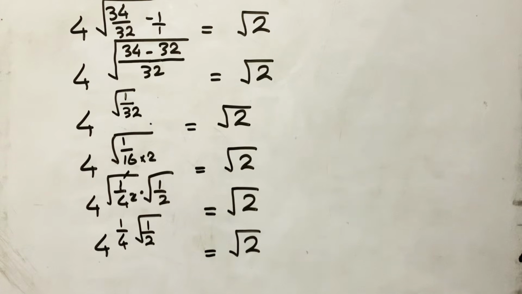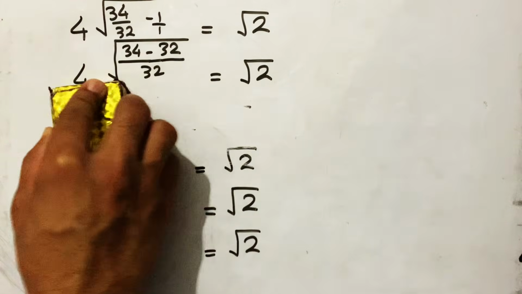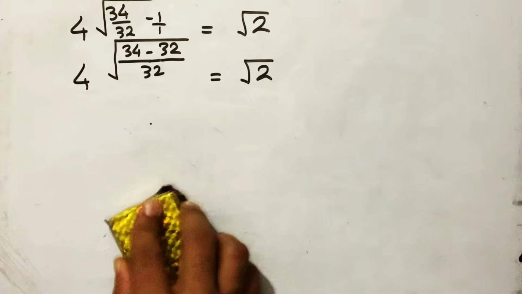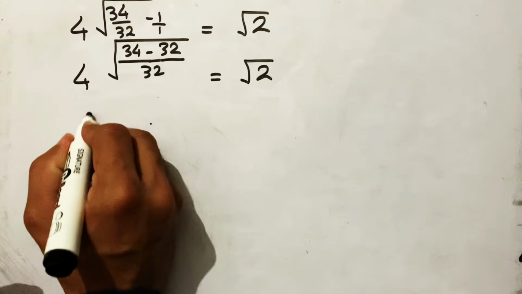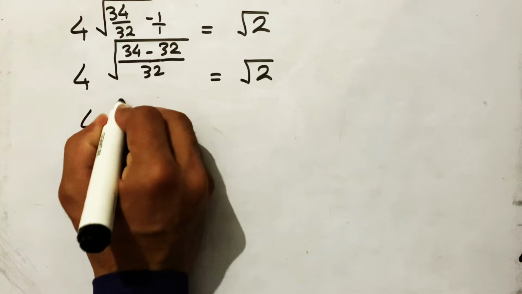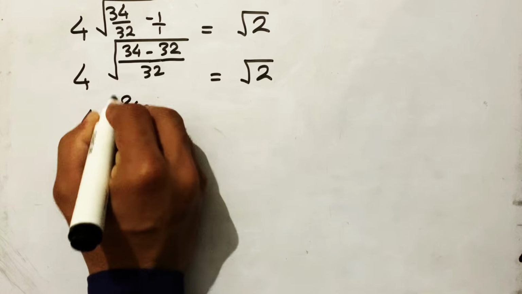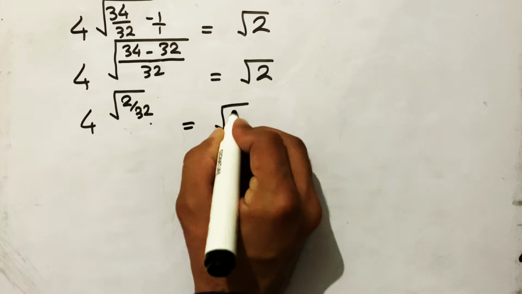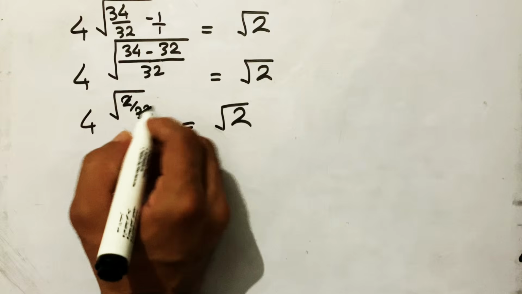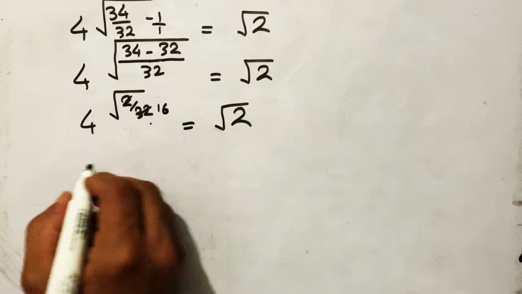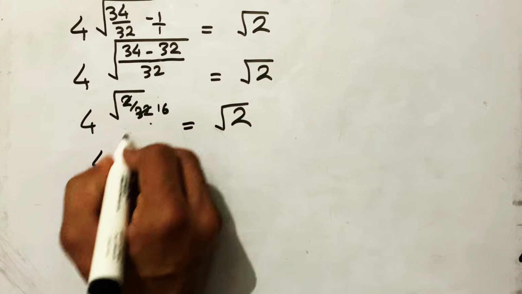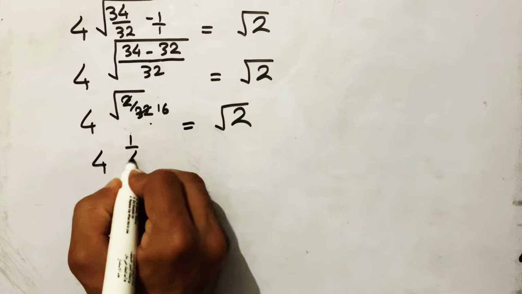4 to the power 2 over 32, which is 1 by 16, square root gives 1 by 4.